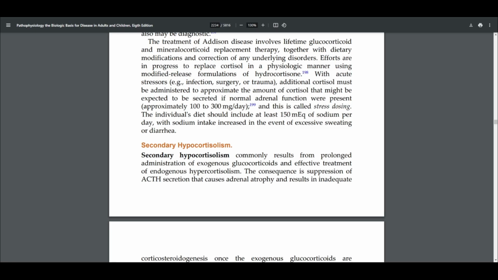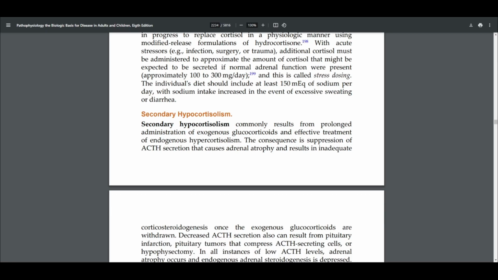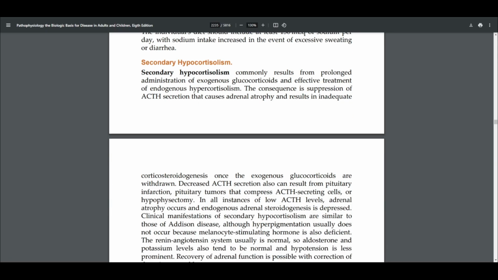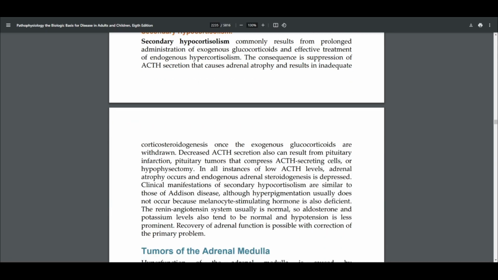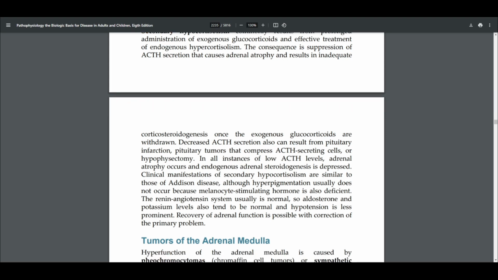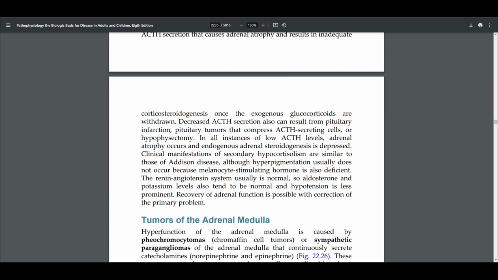Secondary hypocortisolism commonly results from prolonged administration of exogenous glucocorticoids and effective treatment of endogenous hypercortisolism. The consequence is suppression of ACTH secretion that causes adrenal atrophy and results in inadequate corticosteroidogenesis.